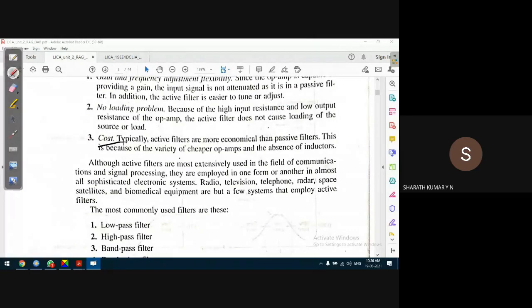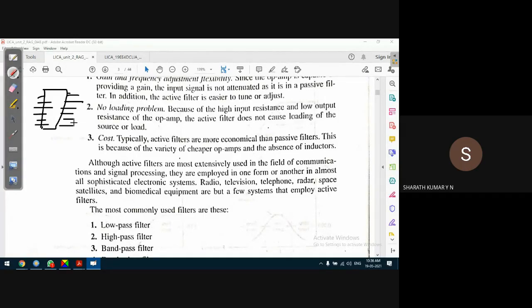Cost. Active filters are more economical than passive filters. This is because of the variety of cheaper op amps and the absence of inductors. If you see the op amp rate in the market, because of mass production, because it's available in the form of IC, and when these ICs are manufactured at a larger scale, the price of the IC goes down.